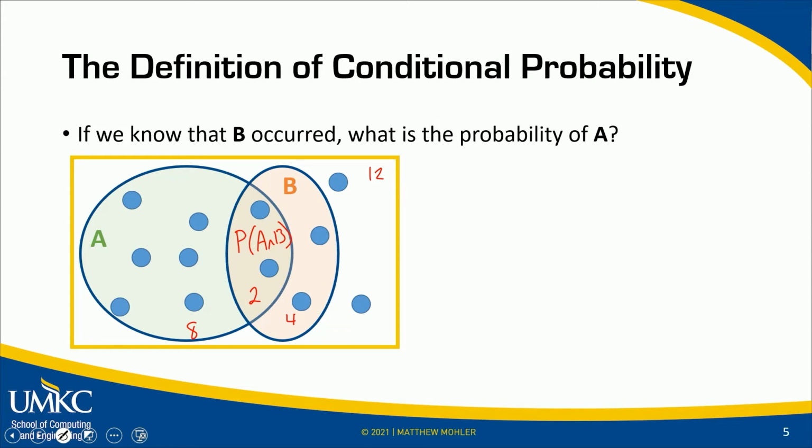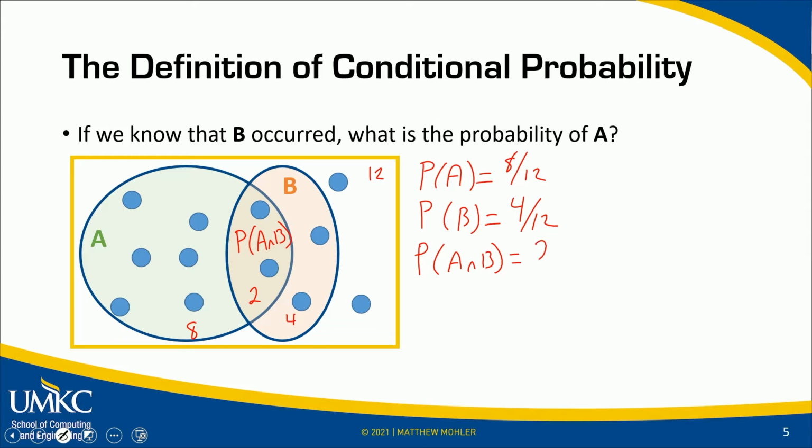So if we were to look at, say, the probability of A, we already established on the previous slide that that is equal to 8 out of 12 as long as these outcomes are equally likely. The probability of B was equal to 4 out of 12. And then we can also say that the probability of A intersected with B is equal to only 2 out of the 12 total outcomes.